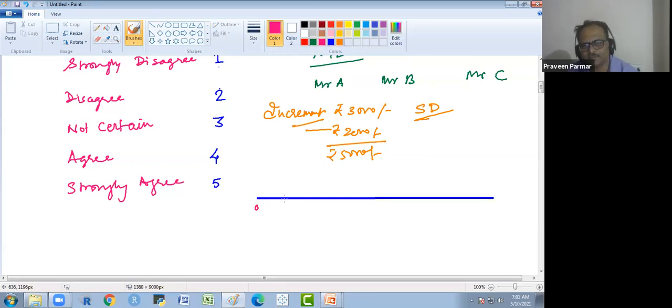This is 0. Suppose it is 500, it is 1,000, this is 1,500, and this is 2,000. Okay, this is a scale. The salary is on a scale. Rupees are always on a scale; we get the same difference.